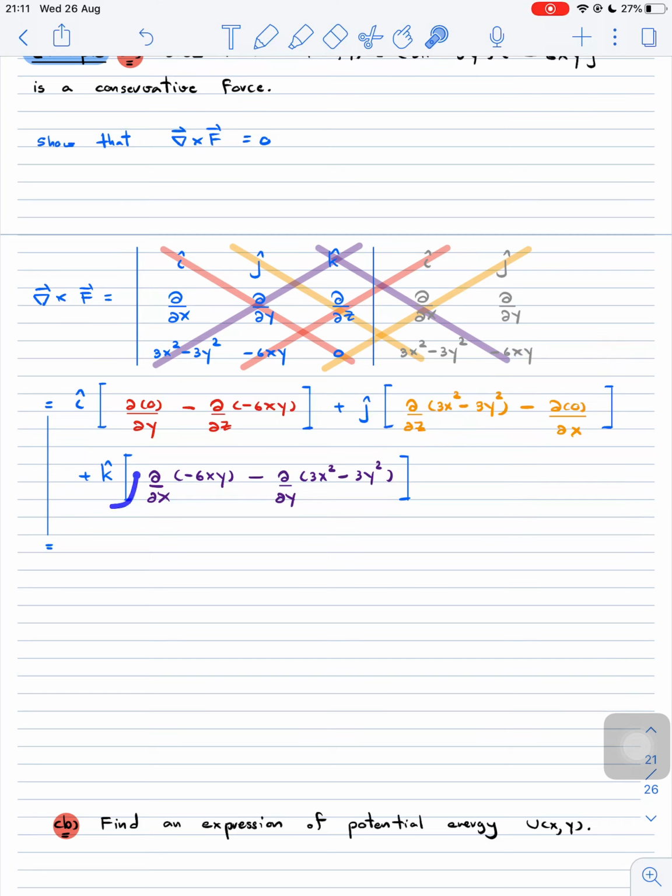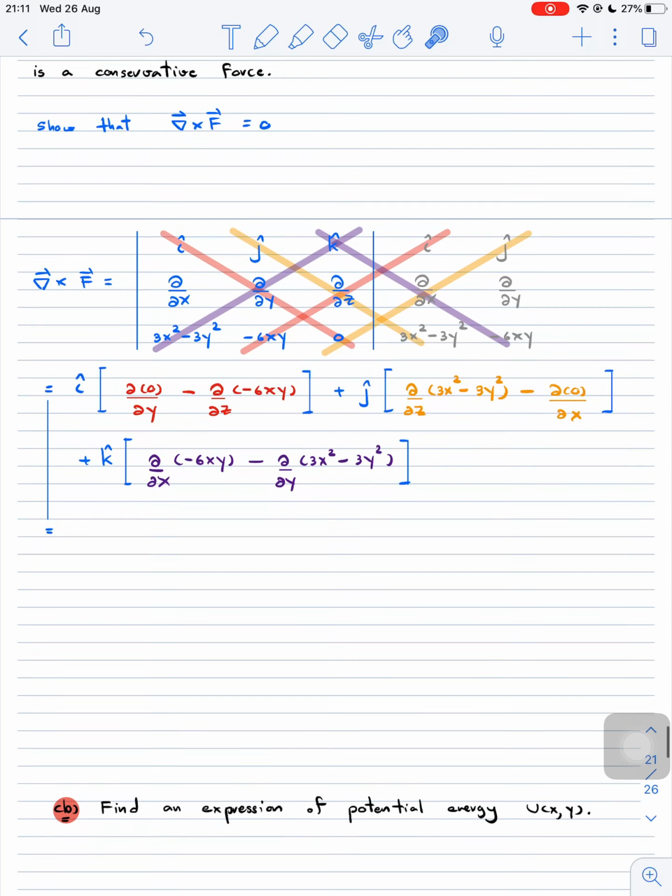Okay, so now for the unit vector k. The first term, the partial derivative with respect to x of this function, is just equal to negative 6 times y. And then for this function, we want the partial derivative with respect to y. So this term goes to 0, and we have this one.